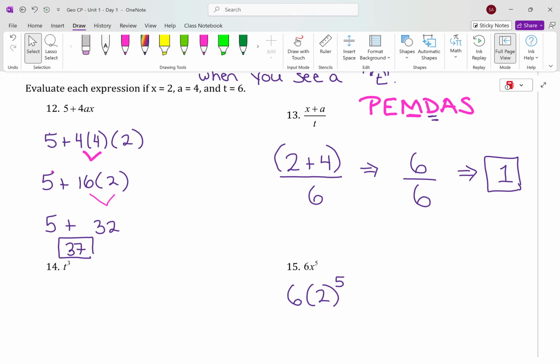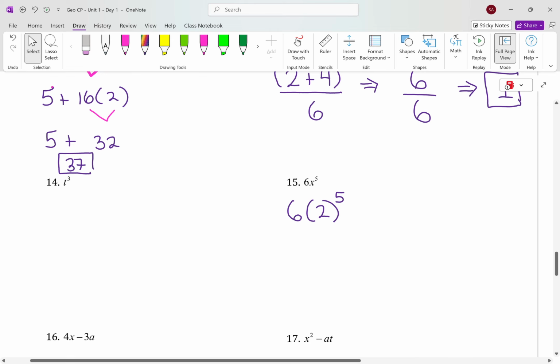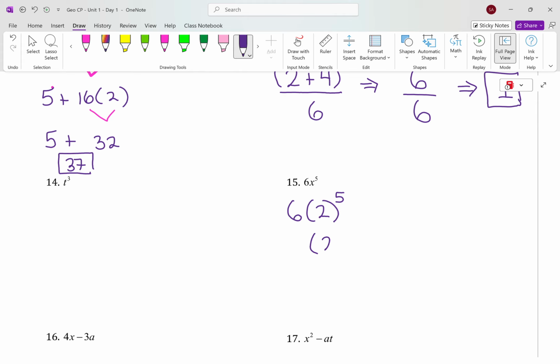All right, so now, according to PEMDAS, I have to do exponents before I multiply. So we're going to do 2 to the 5th power. 2 to the 5th power is not 10. 2 to the 5th power is 2 times 2 times 2 times 2 times 2.